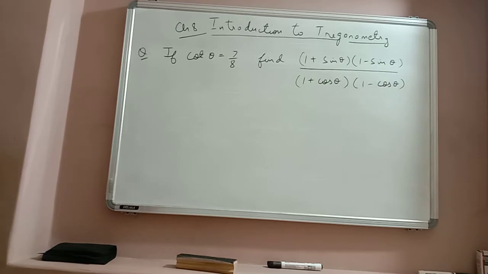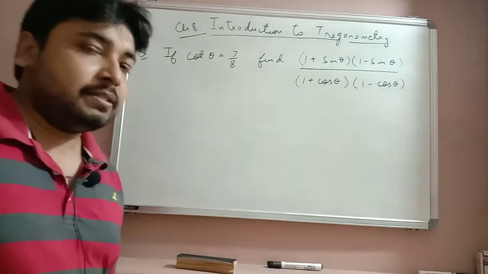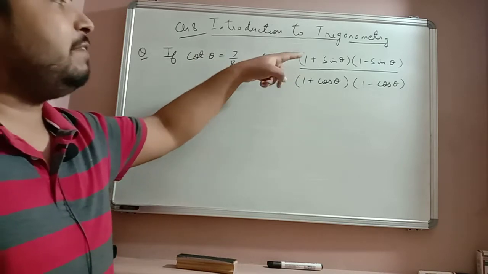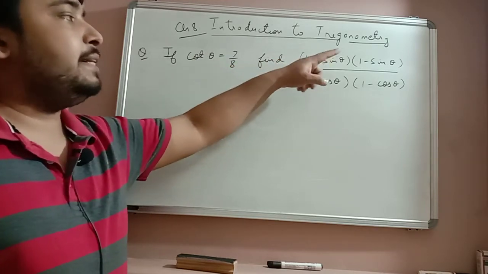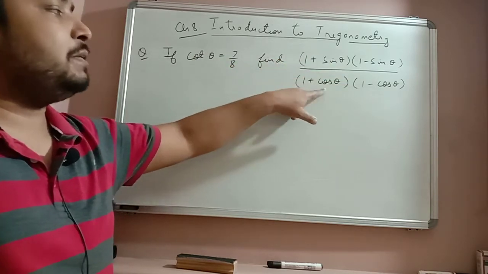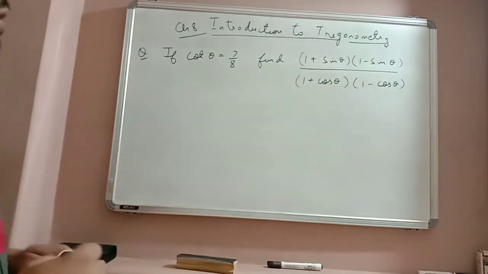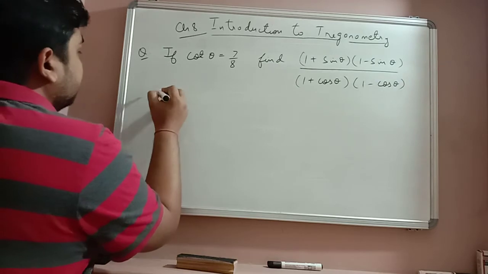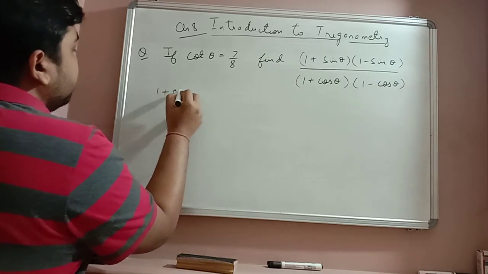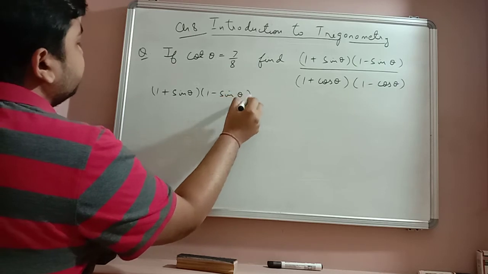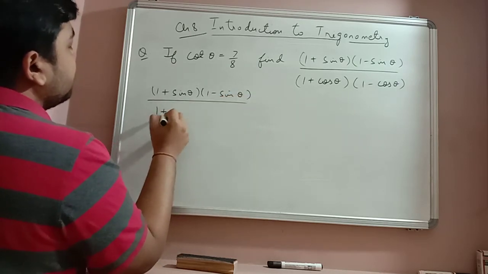Alright, let's take up another question. Question says, if cot theta is equals to 7 by 8, find the value of 1 plus sin theta into 1 minus sin theta upon 1 plus cos theta into 1 minus cos theta. So let me take up this expression.